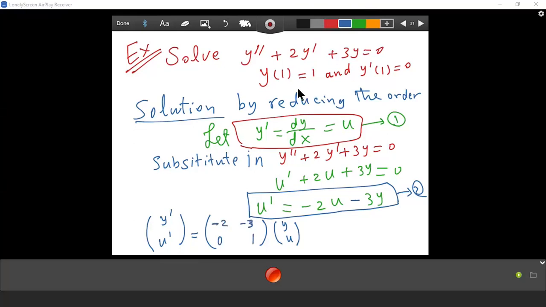Do you think this is the right coefficient matrix? Find the eigenvalues and eigenvectors by MATLAB, please.